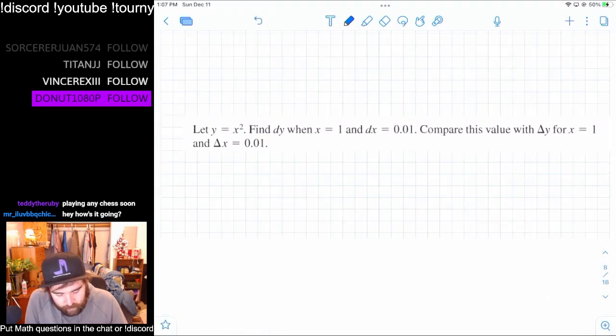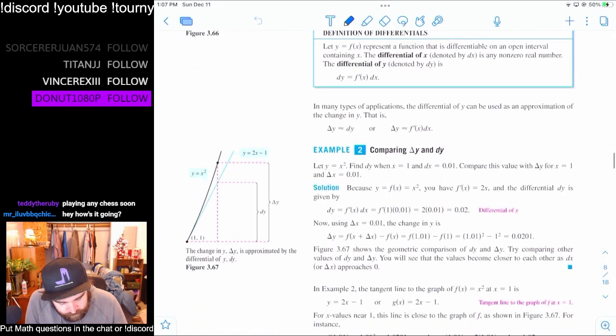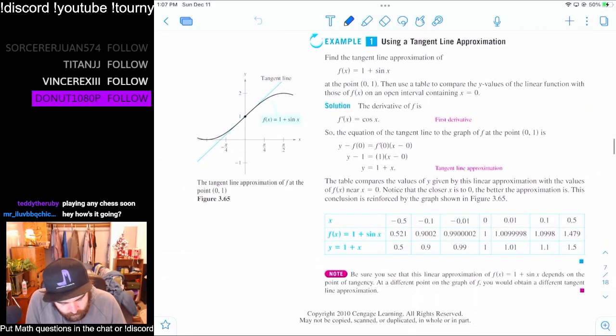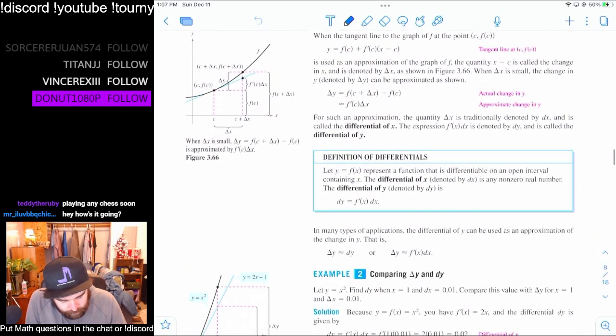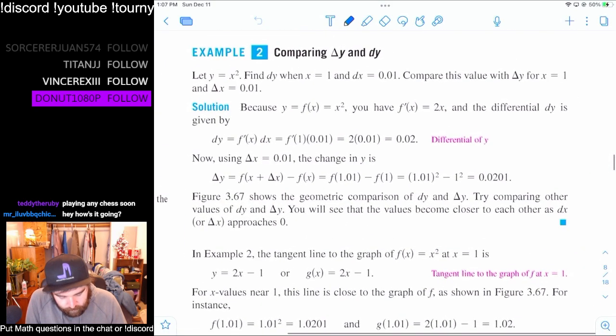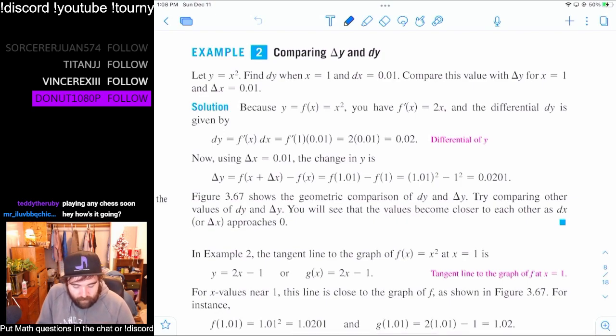Let's look at the textbook here. Because differentials, I feel like one of the things I always kind of get hand wavy over. See, they did the same thing we did there. But what are they trying to think about here? So because f of x equals x squared, f prime of x equals 2x, and the differential dy. Right, that's what they're doing.